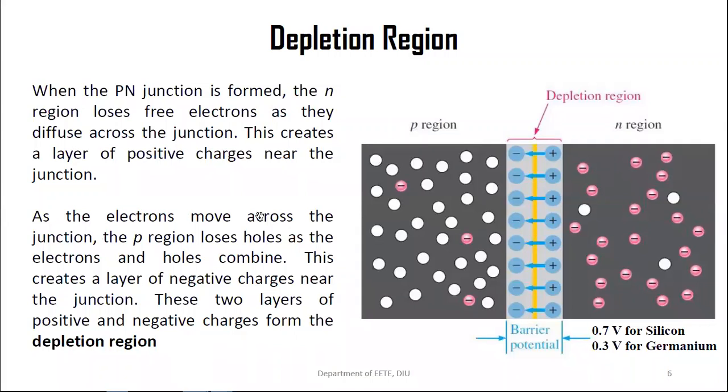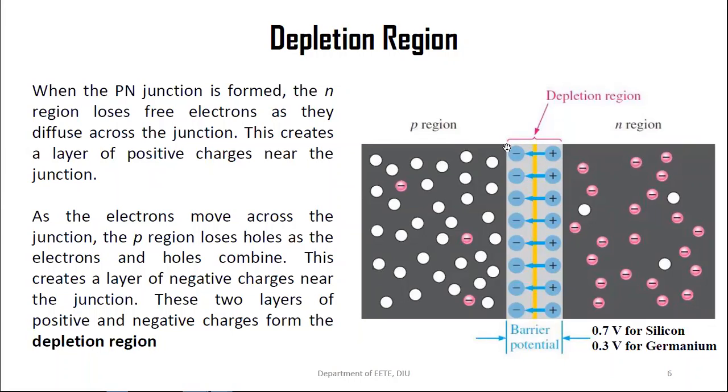As the electrons move across the junction, the P region loses holes as the electrons and holes recombine. So basically, from the N region the electron goes here and the hole comes here. The electrons and holes recombine and become neutral.